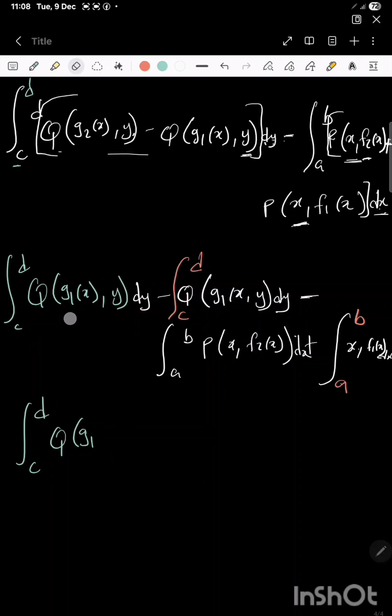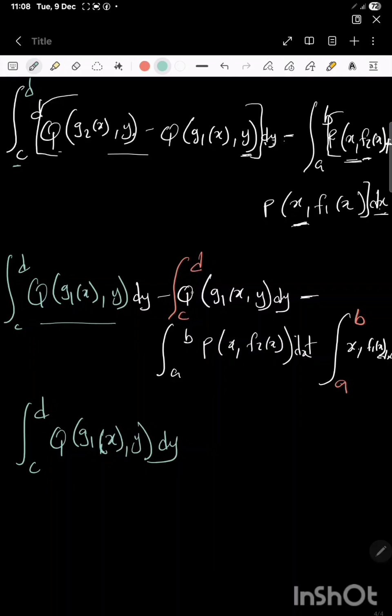I don't know if you're able to see it. We are writing this one here. We write g1 of x, comma y dy.